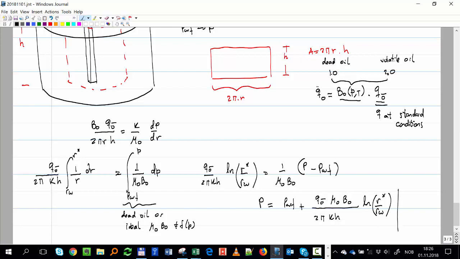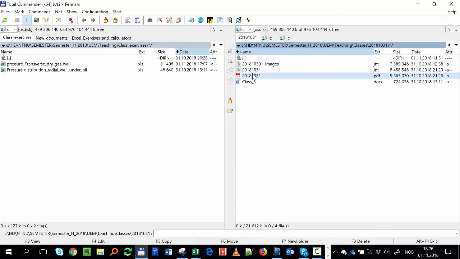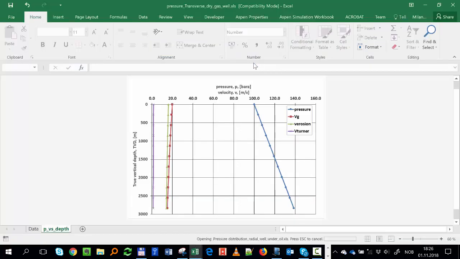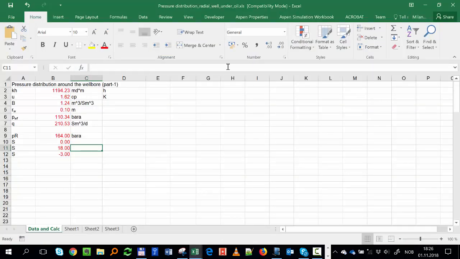So before we go to IPR, we are very close now. We are just some steps ahead we need. But before, let's plot that. For that, we have an exercise. I think it's a class exercise. Yeah, this is a class exercise. The next one will be a graded exercise, where I have that data, okay?